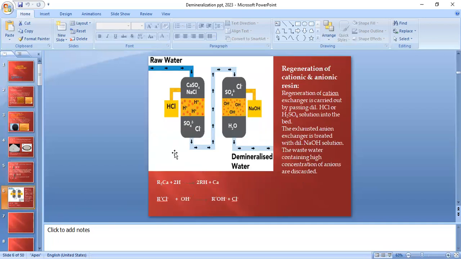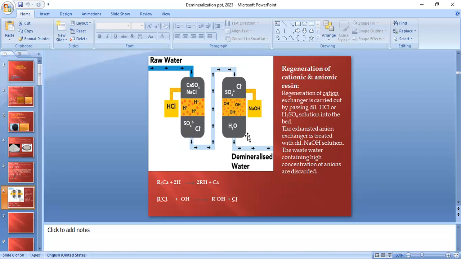So can you see the diagram? They take the hot water and it is allowed to pass through a resin, okay? And that is packed with H plus ions. Now, as it passes through the resin it is free from calcium and magnesium, you have only chloride and sulfates, okay?